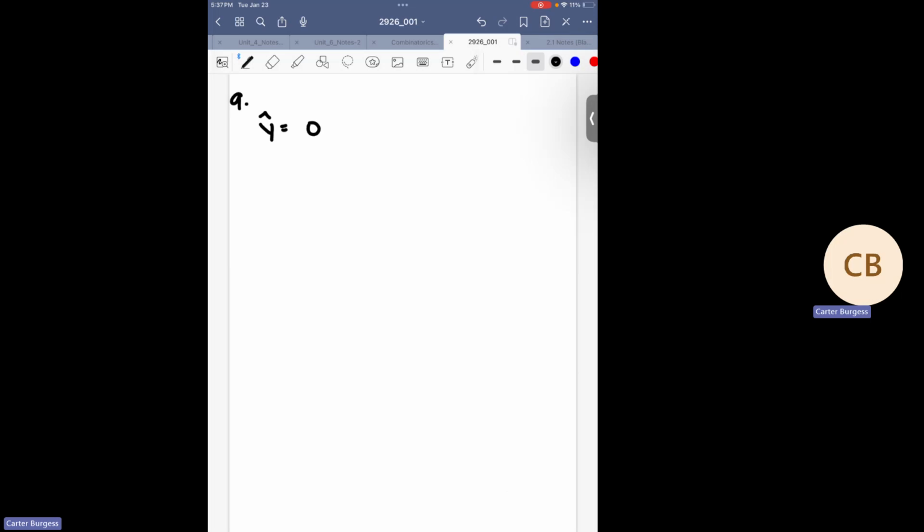This is going to be 0.248 plus 0.222x, where r is equal to 0.985.